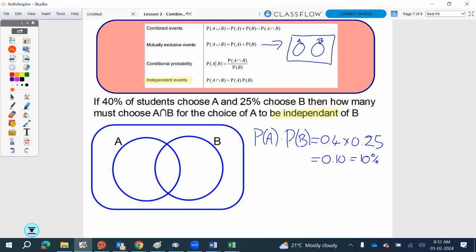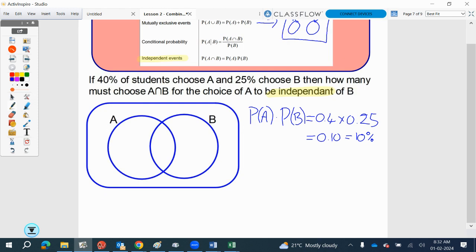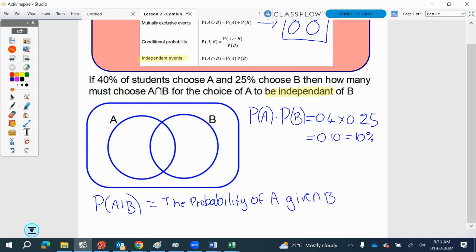All right. Let's have a look at conditional probability. Yeah, this one's difficult. Maybe we'll only touch on it. This one means, sorry, can we have focus? This means the probability of A given B. Look for the word given in a question.